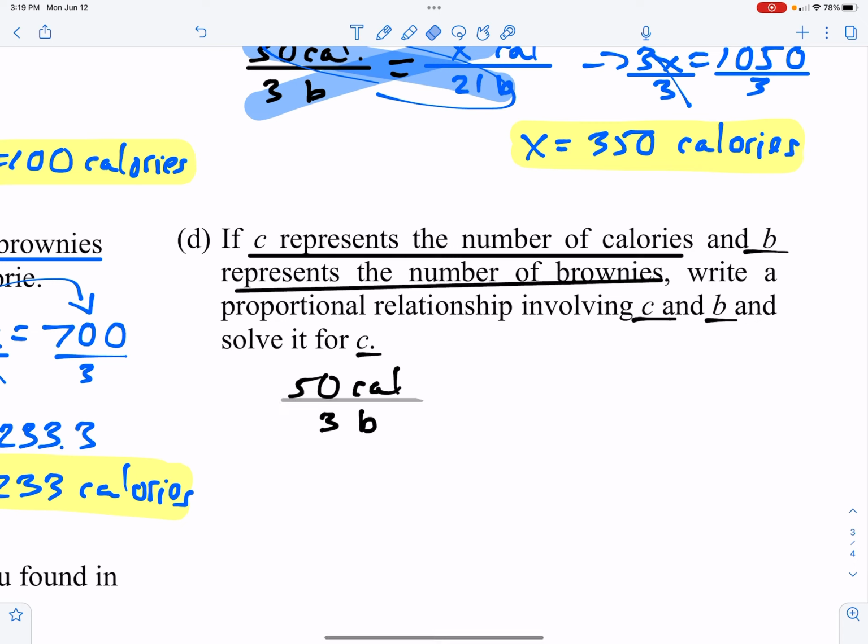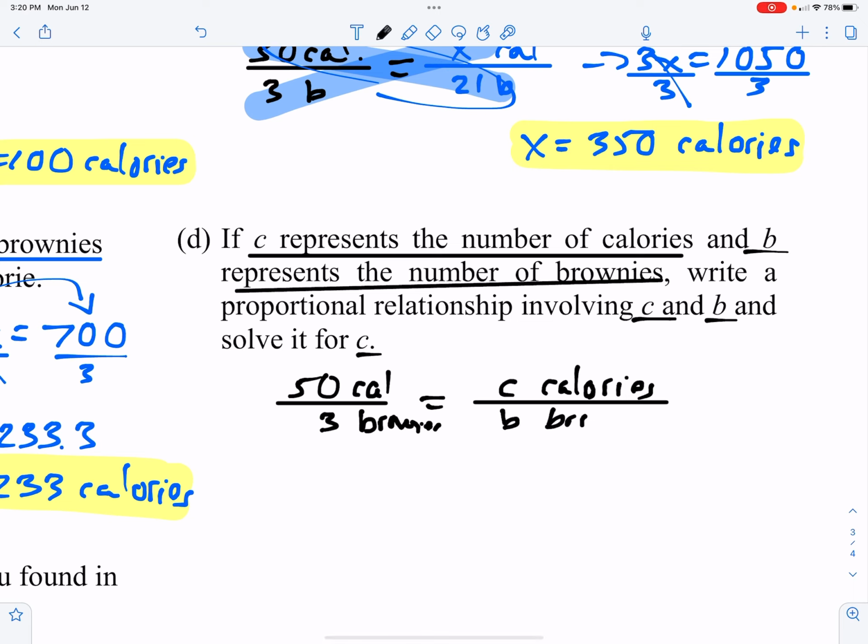I'm going to use C and B for this, equals 50 calories over 3 brownies, and then C calories, some unknown amount of calories, over B brownies.